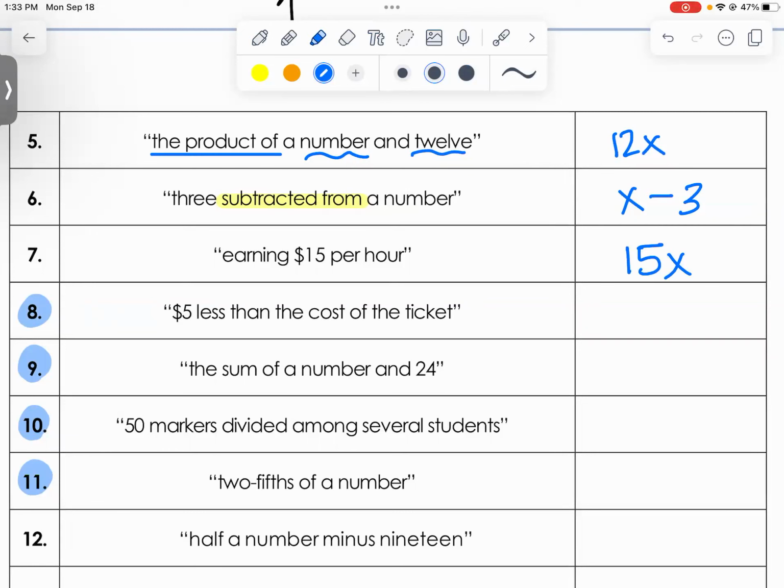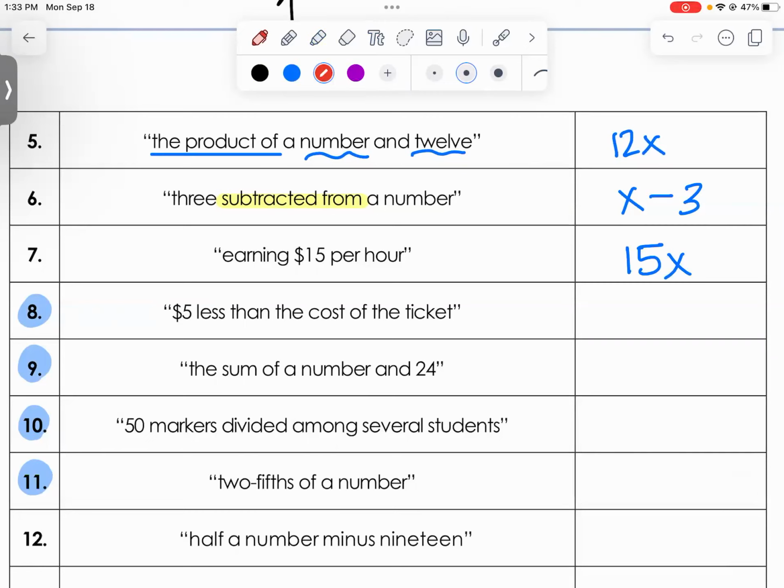If it's 50 divided by several students, we want to be 50 divided by. It's 2/5 of a number to me. So it's multiplication. Oh, but it says 2/5.